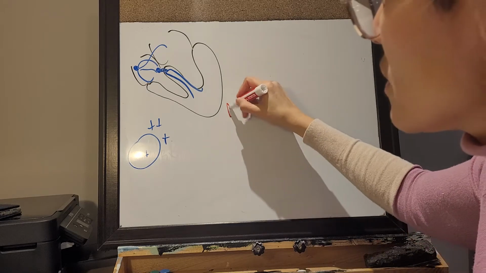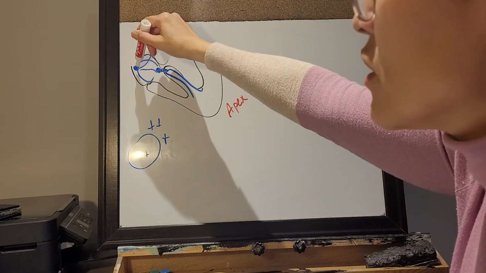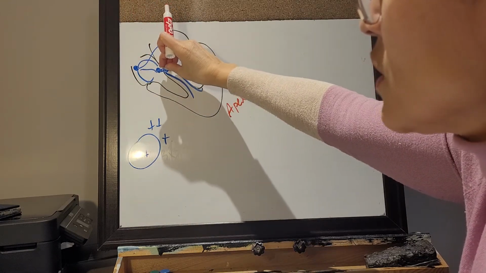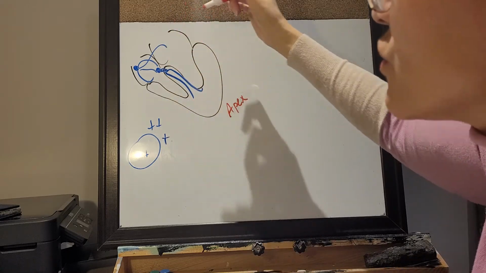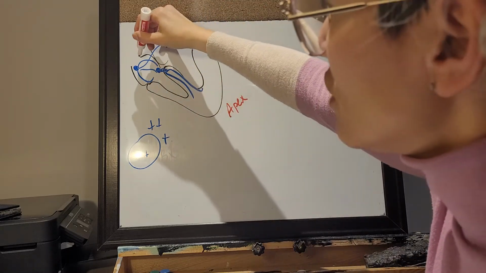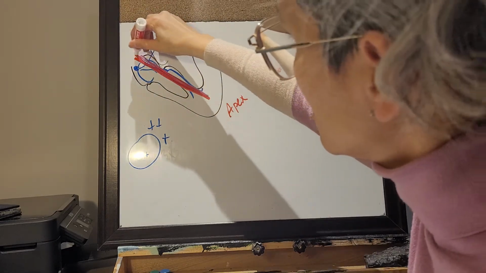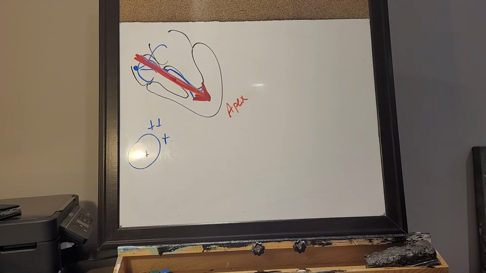Now, if this is the apex of your heart, here's where the impulse starts. It flows down over the atrium, pauses a little bit here at the AV node, and then continues to flow down here, but the direction is generally in this direction, down and to the left.